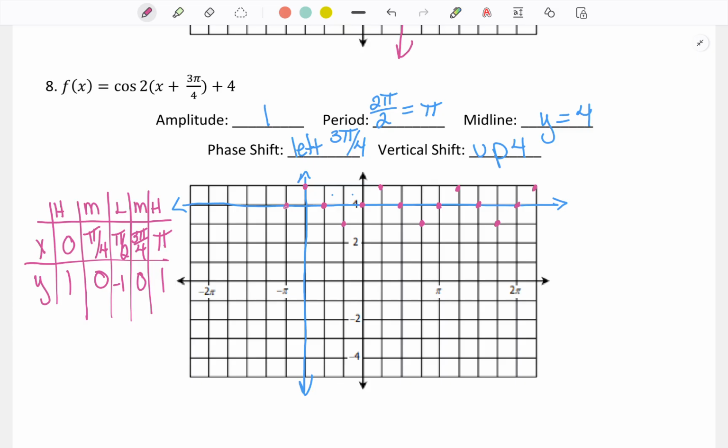On the other side, we will just repeat. And there we go.